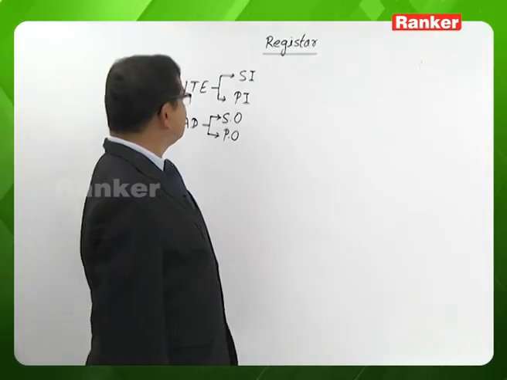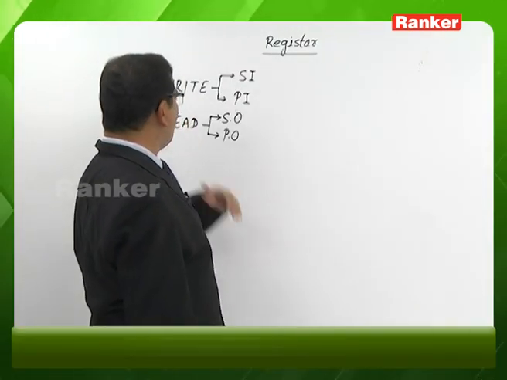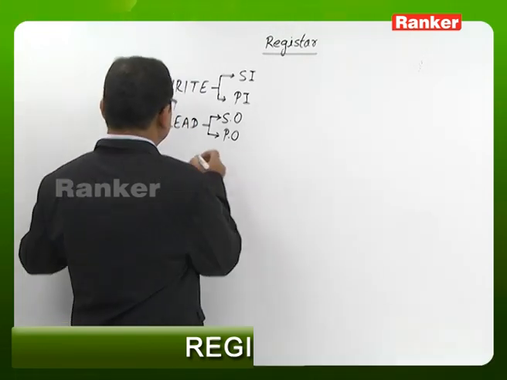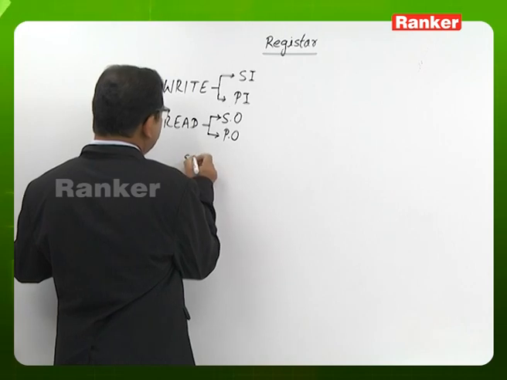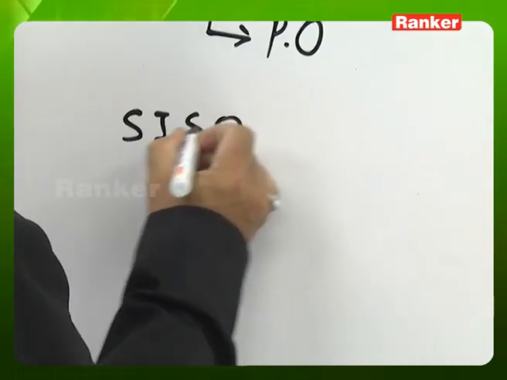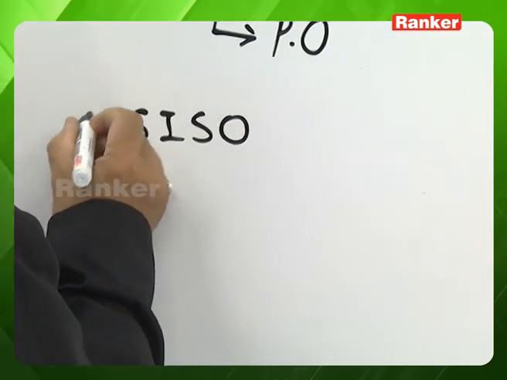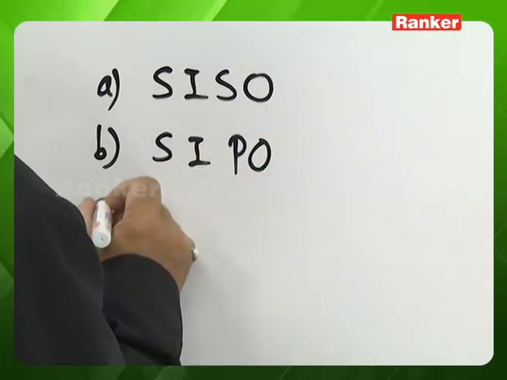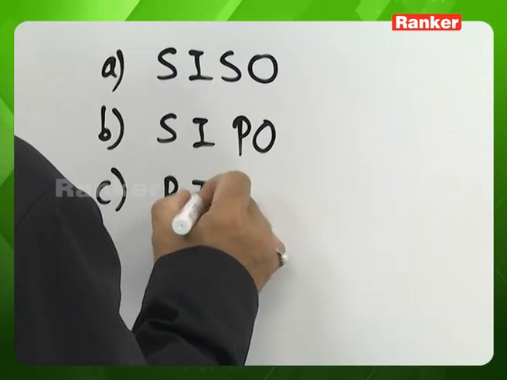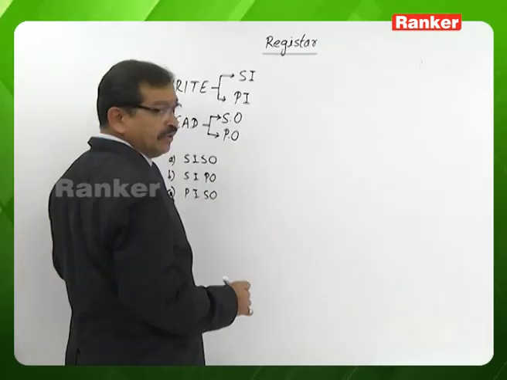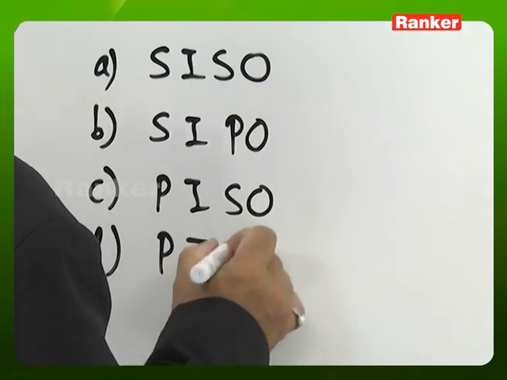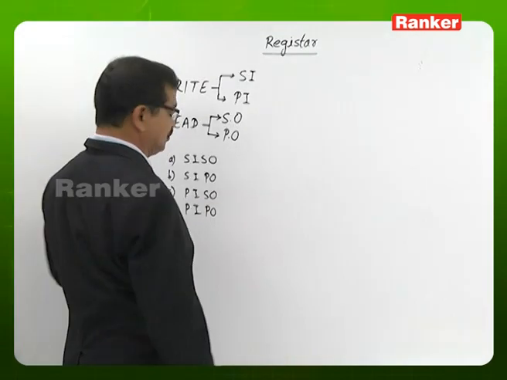Based on these various writing and reading operations, we have a possibility of registers with the facility of serial input, serial output operation; serial input, parallel output operation; parallel input, serial output operation; parallel input, parallel output operation.